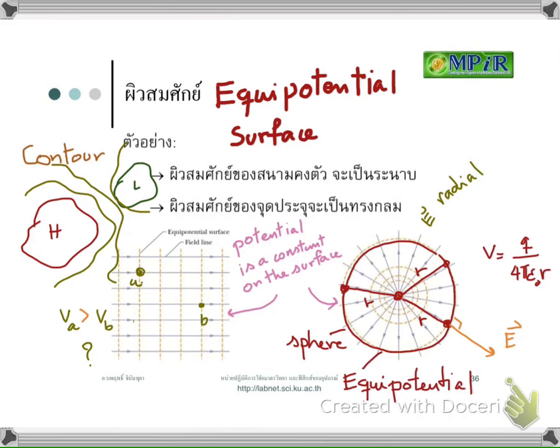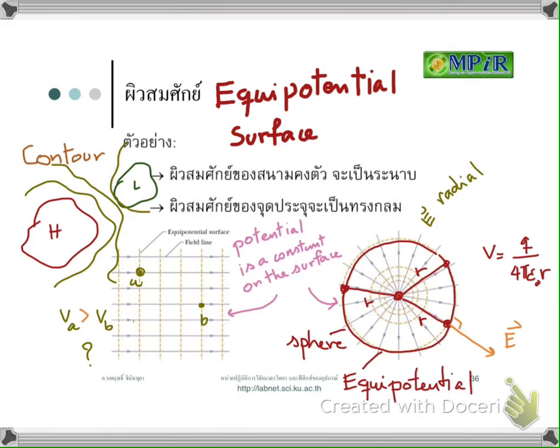It's normal, right? On every point on the surface, the radial vector is normal to the surface. So you can see that the equipotential surface in this case is normal to the electric field.